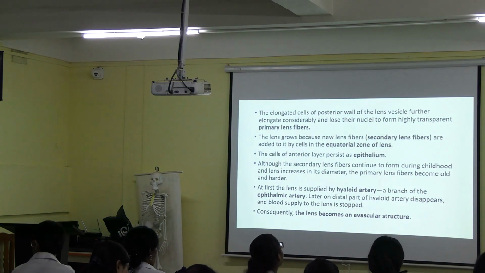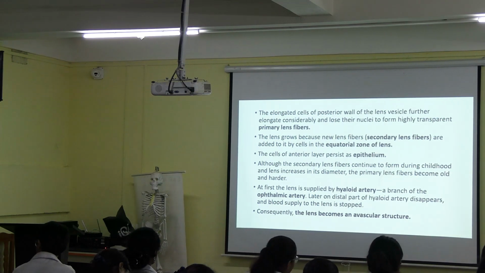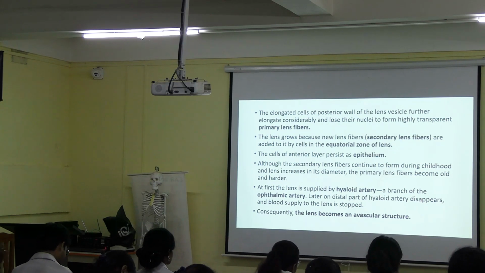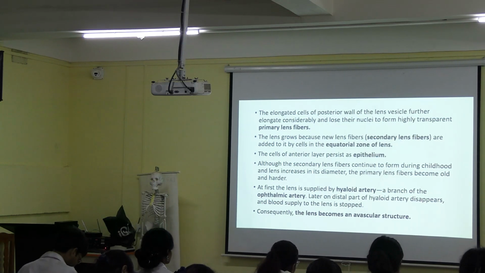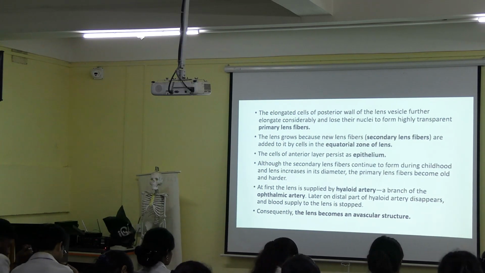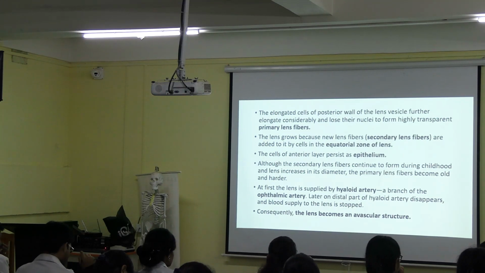This one. This is the junction between your posterior wall cells and the anterior wall cells. This is where we can see the secondary lens fibers. These secondary lens fibers will help in the formation of new lens fibers.